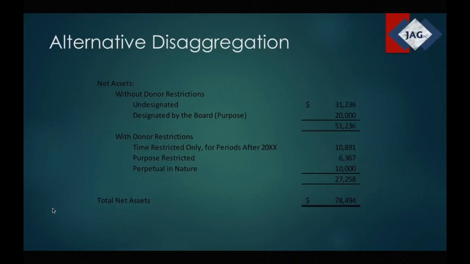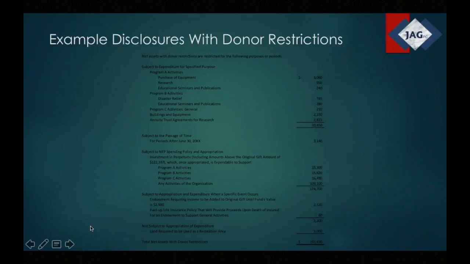All this is very useful to users of your financial statements, because for the numbers that, for instance, used to be in the temporary restricted column, they're going to know whether it's time restricted, purpose restricted, etc. So this is just an alternative method of how you can see this.